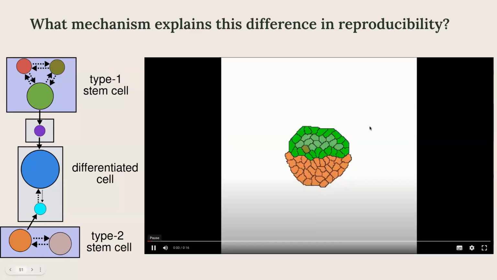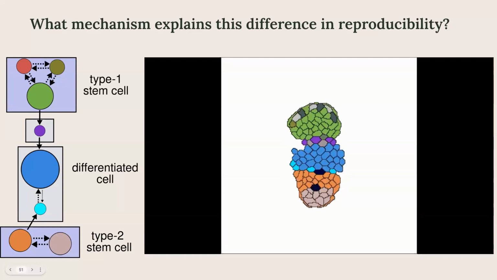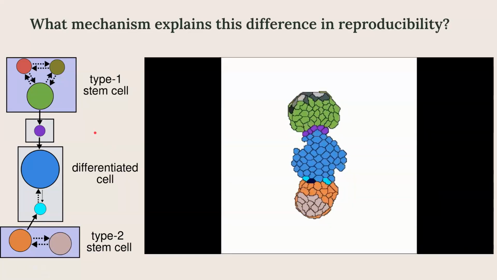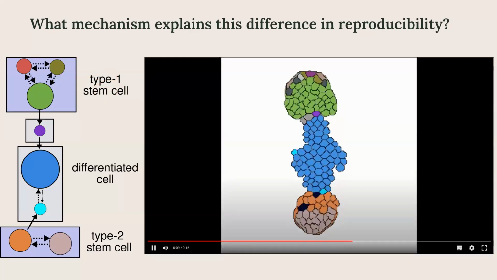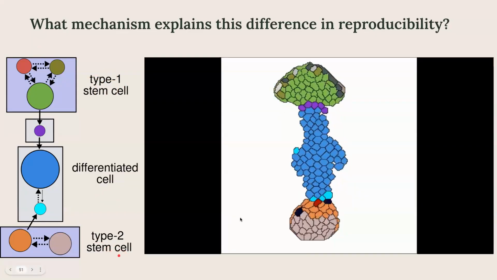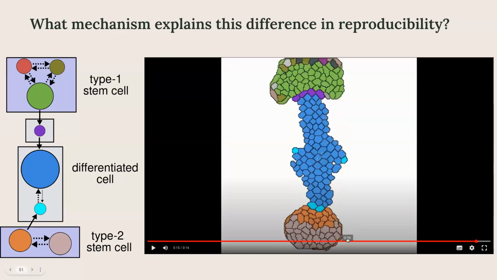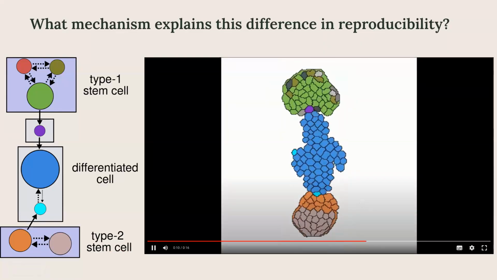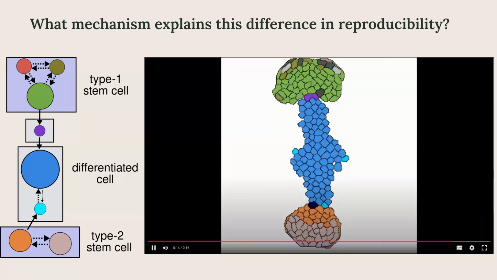So what I'm showing you here is the development of an organism which has a stem cell system. Now, this organism is quite nice because it has two types of stem cells, the type 1 stem cells, which are these green ones, and the type 2 stem cells, which are these orange ones. And you'll see that these type 1 and type 2 stem cells both differentiate into the same blue type of cell.